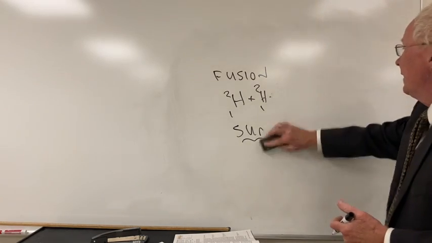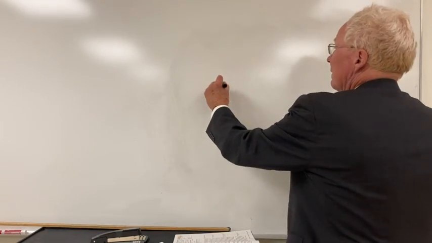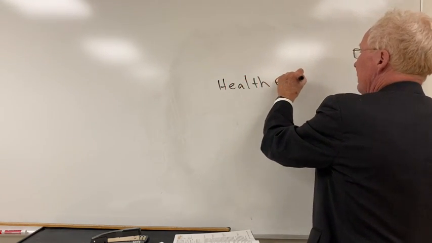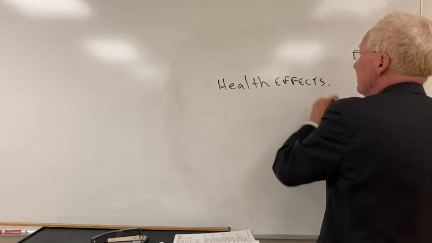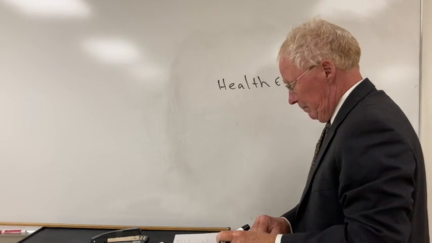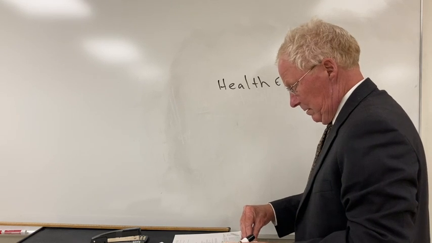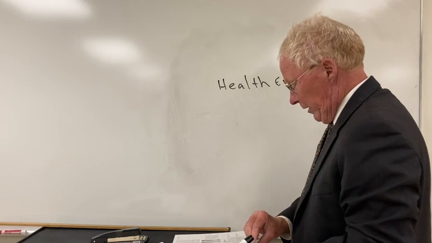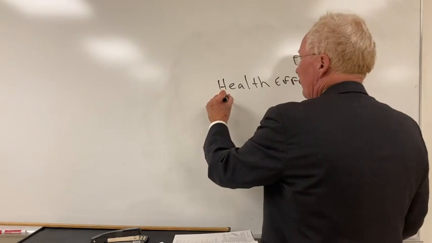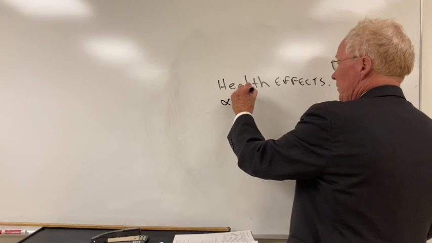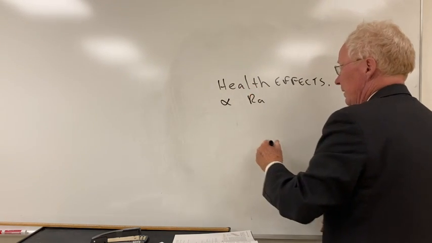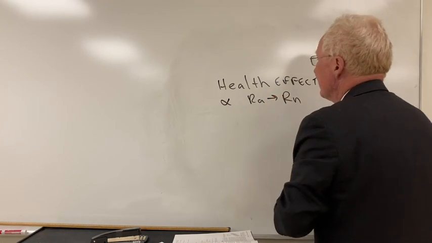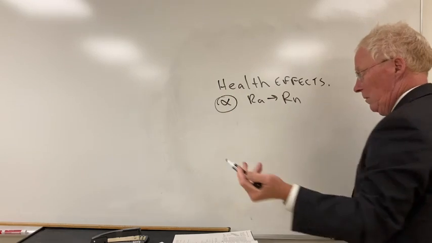Then we had health effects of radiation, all right? Background radiation. Different types of radiation. So again, alpha radiation, one example is radon, which decays to radium and produces an alpha particle.